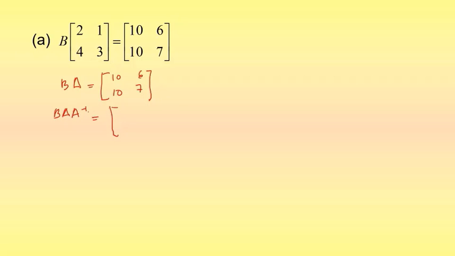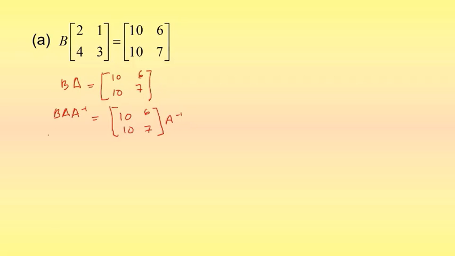So if on the left hand side we multiply with A inverse, on the right hand side, this one should be multiplied on the right after the matrix, not on the left, because this one is on the right. Okay, so 10, 10, 6, and 7.